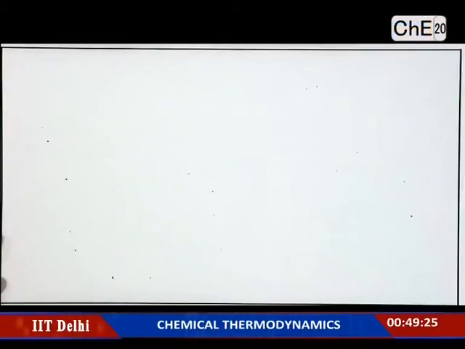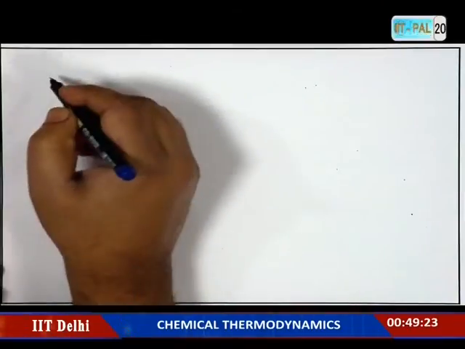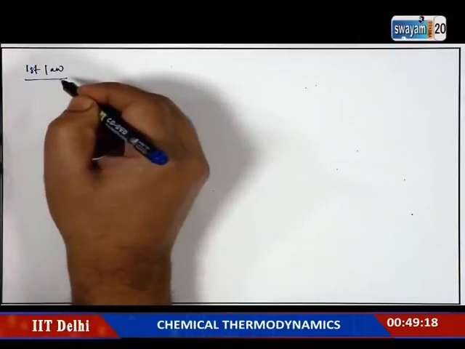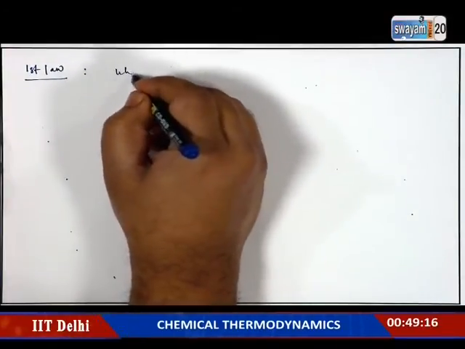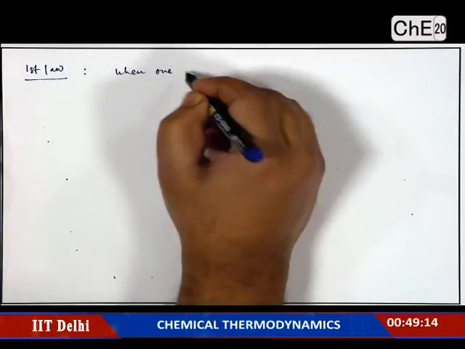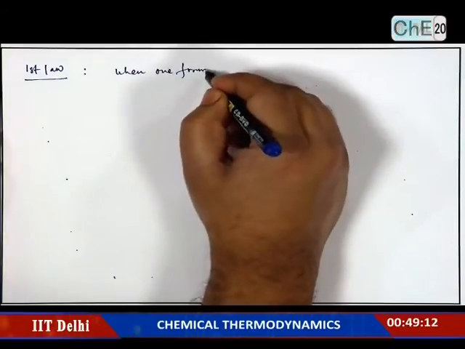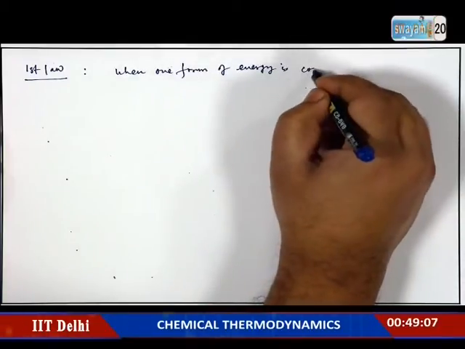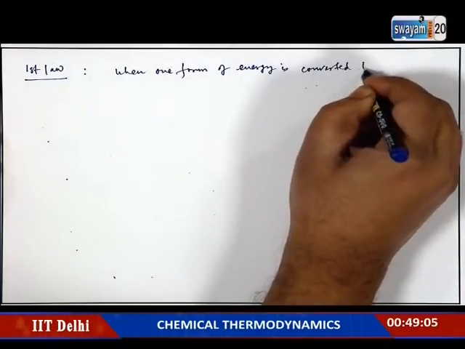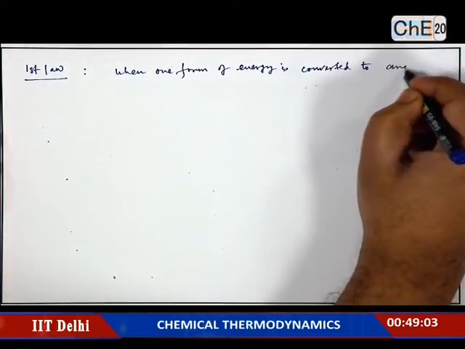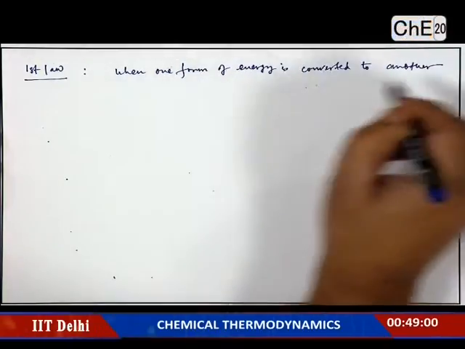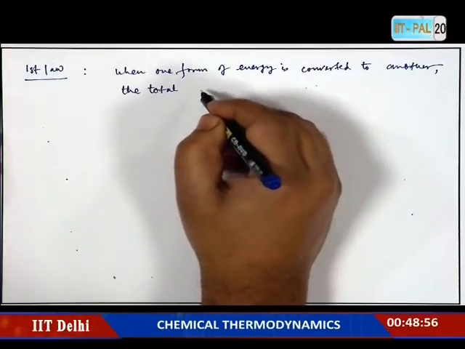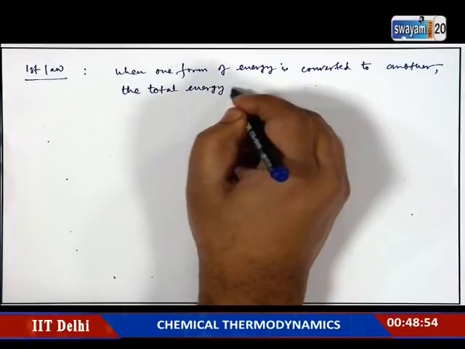Now, we go back and look at the first law of thermodynamics again, which says that when one form of energy is converted to another, the total energy is conserved.